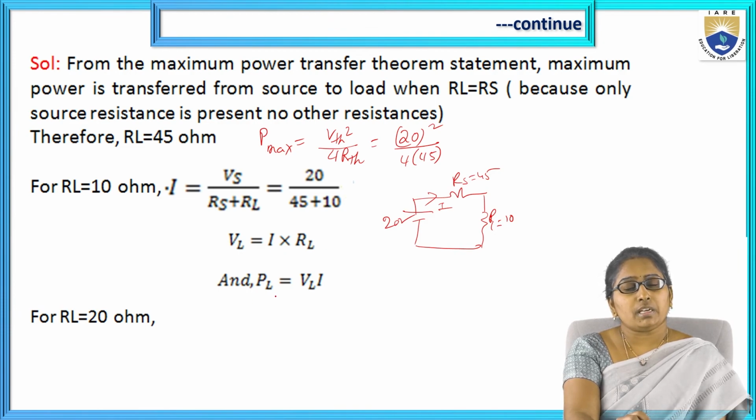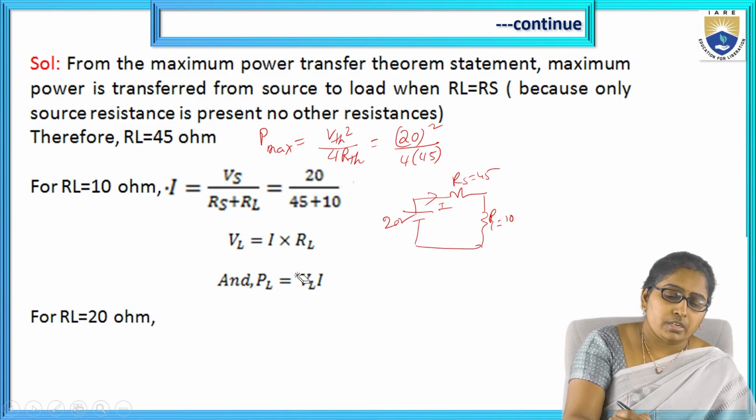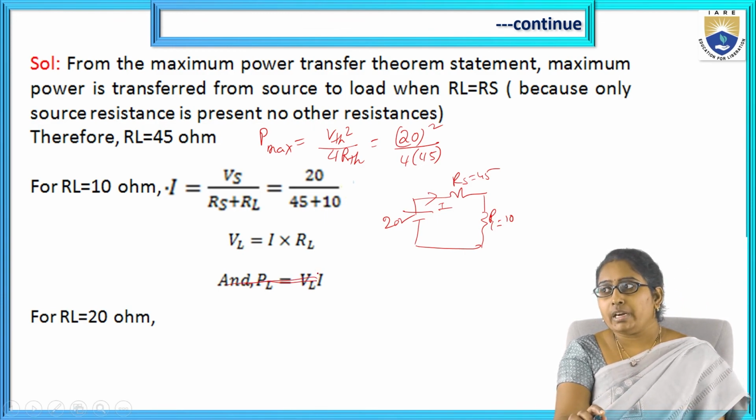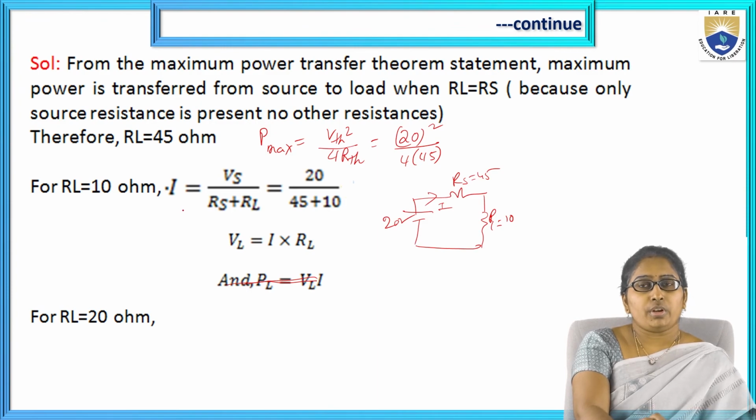And also power in that case we can simply calculate, but this is not required because it's not the question. They ask to calculate current and voltage drop in each case. So we calculated the current in the circuit and voltage drops.